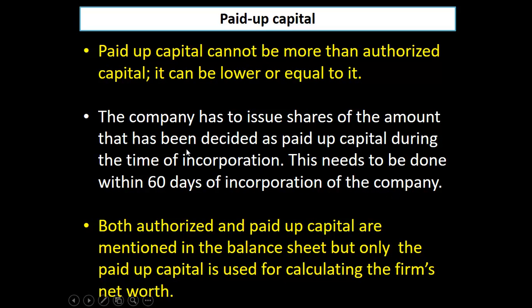The authorized capital and paid-up capital are shown on the balance sheet, but actual cash inflows happen for the paid-up capital. So paid-up capital is included for calculating the firm's net worth or equity for deciding various loan criteria.